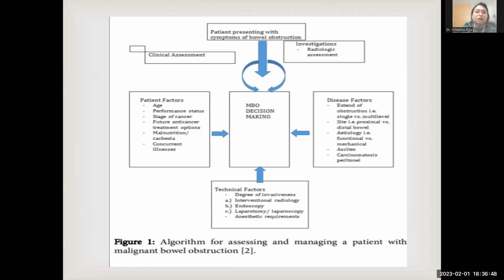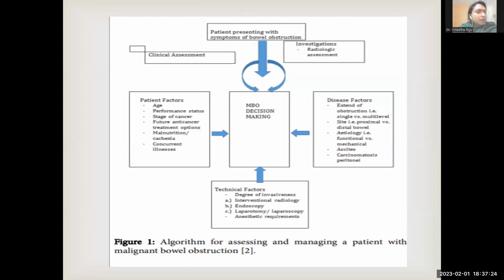And now you need to also think about what is the stage of the cancer. If it is a malignancy, you have to think about the stage of the cancer whenever you are managing a symptom. And what is the future treatment plan for this patient? Is the patient on curative cancer treatment, or on palliative chemotherapy or other palliative cancer treatment, or is he just on supportive care?